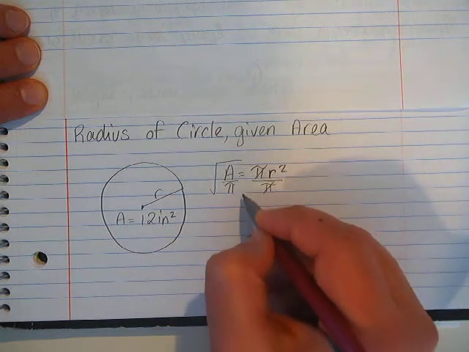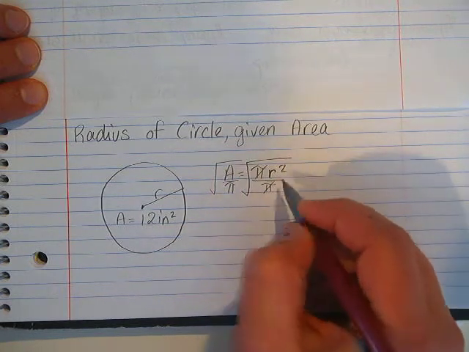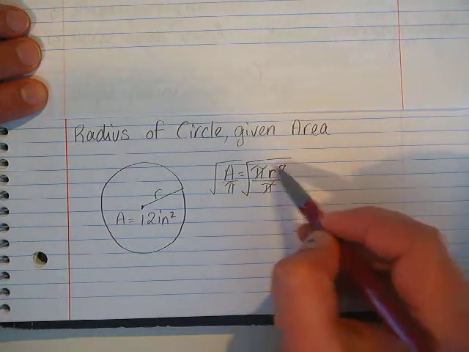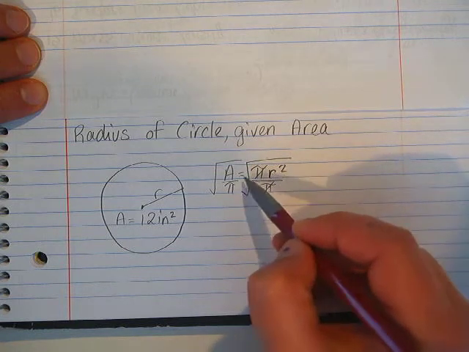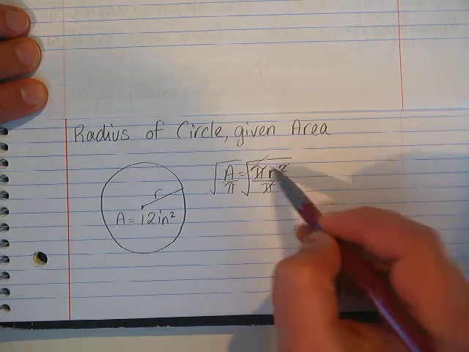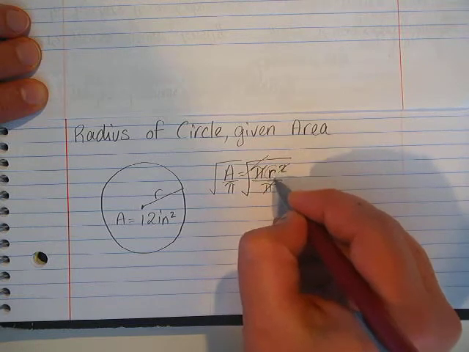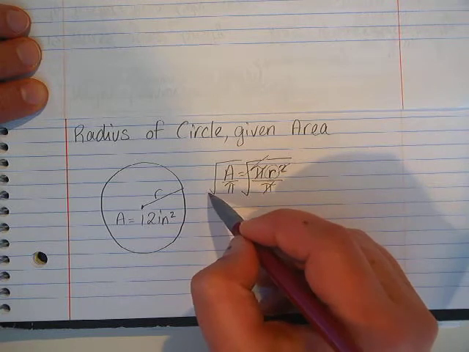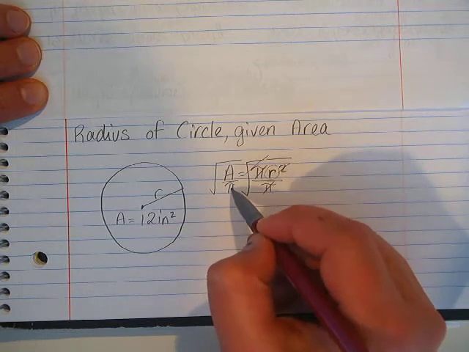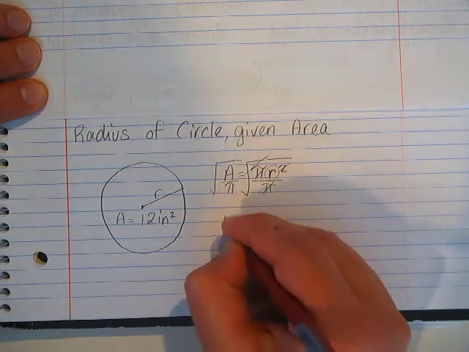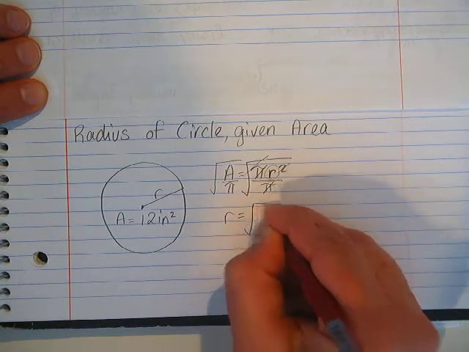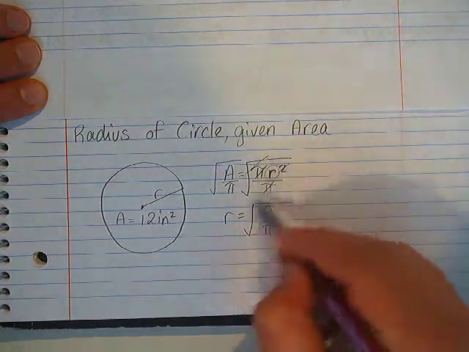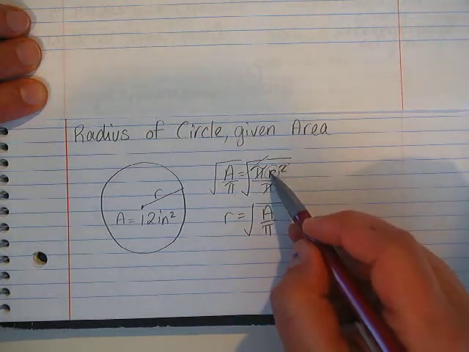Taking the square root of something that's squared cancels the square root and the squared. So they drop off on this side, and you're left just with r, which is exactly what we wanted. And then this side is going to be the square root of area over pi. So if we rewrote that, it would be radius equals square root of area over pi. And that's how you can rearrange this equation if you had to solve for r.